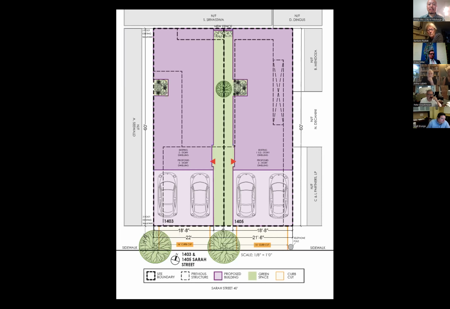But back to Matt's point on the change of use variance, when you go to the ZBA, they set the very highest bar for a change of use variance. So you're going to need a really great argument for why that is a hardship that they should resolve through a variance. So get ready for that.